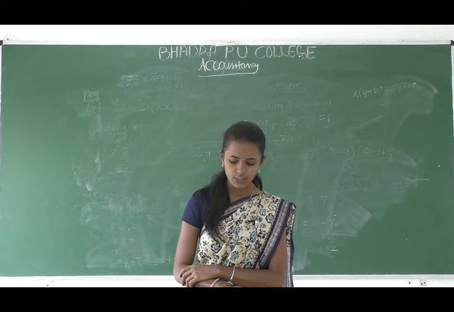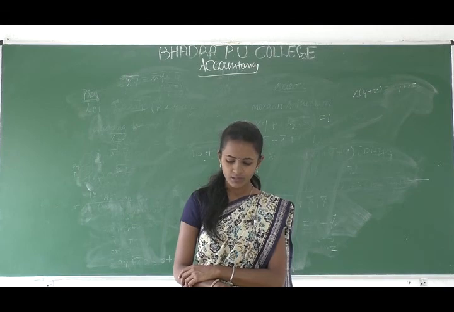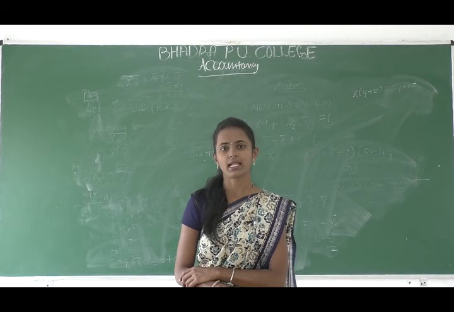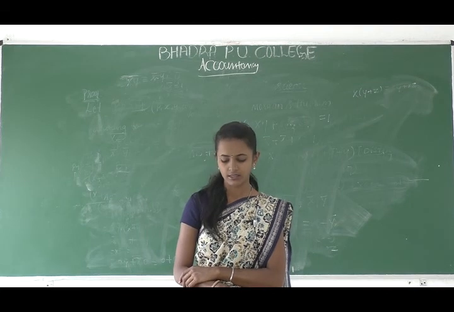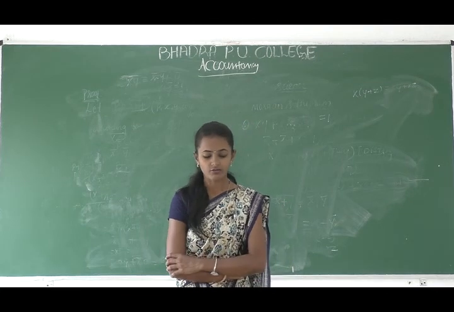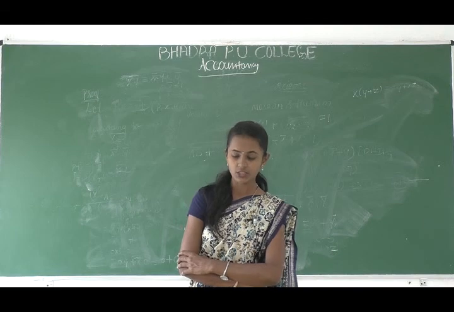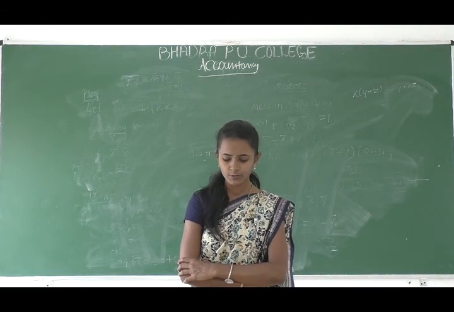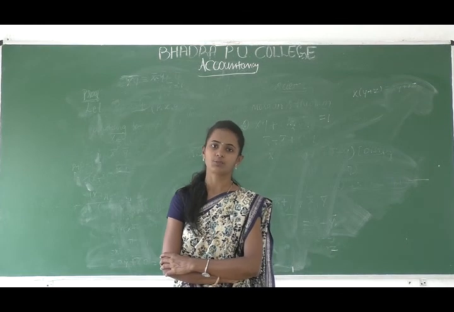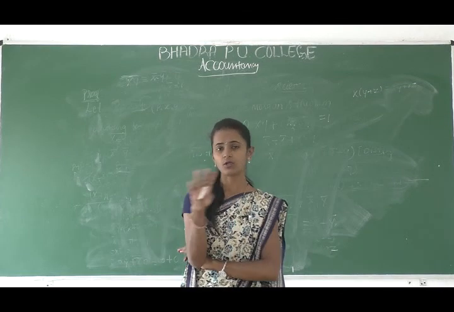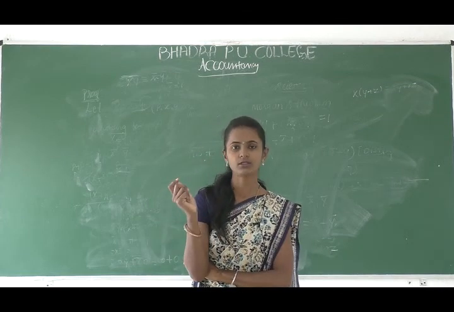The next one is trade receivables: for all 3 years it's 1 lakh, the same amount. And finally the last item is cash and cash equivalents: for all 3 years it's 50,000 respectively.